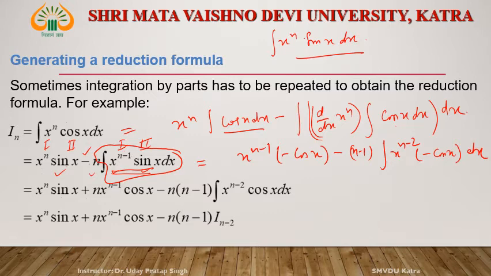Using this, this minus and this plus become minus, and this minus and this minus become plus.